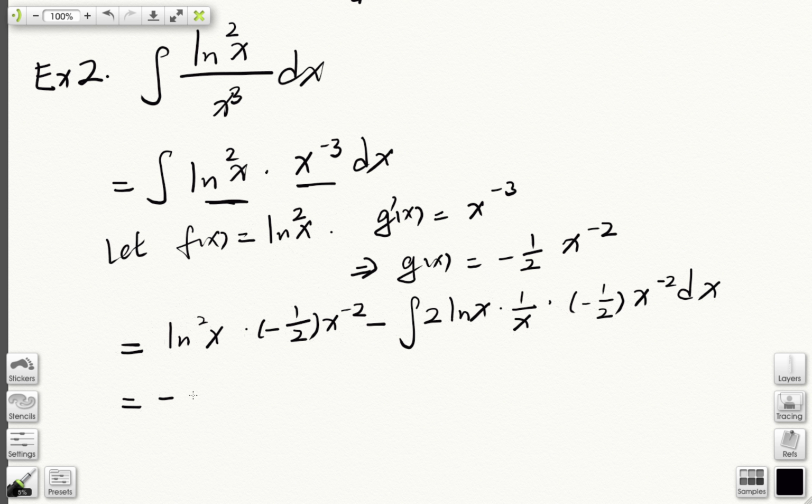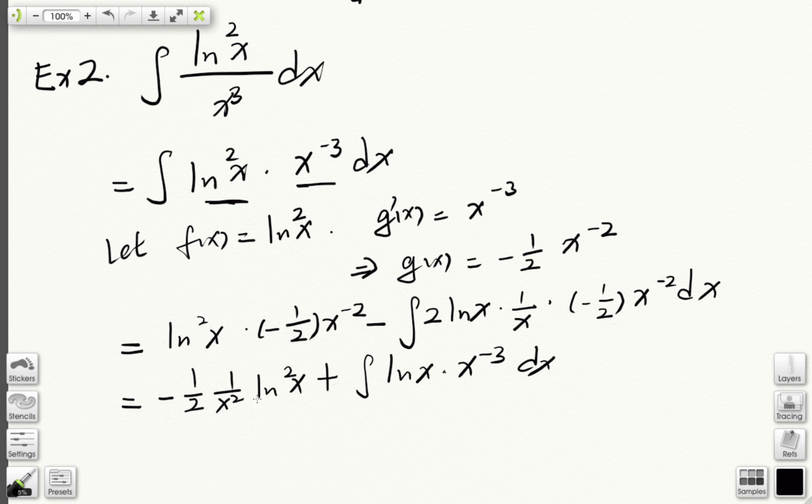So we rewrite the first term as this. There's nothing changed here. And as for here, we have two minus signs, so it becomes a plus. And we have 2 and 1/2, which cancel out. So what's left is the integral of ln of x times x to the power of -3 dx.